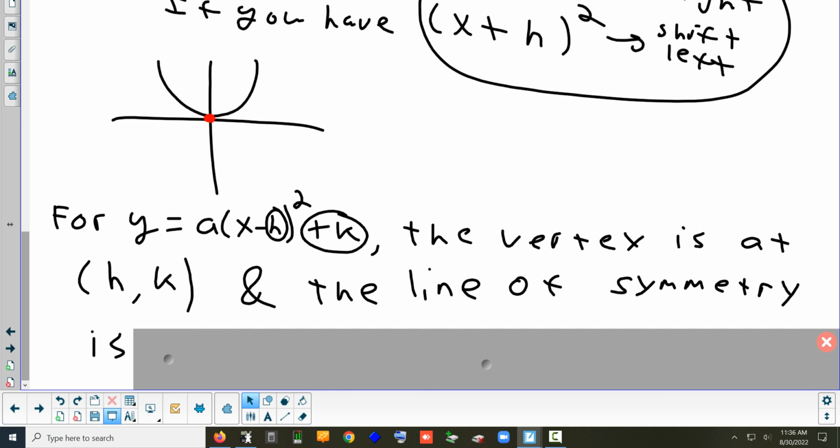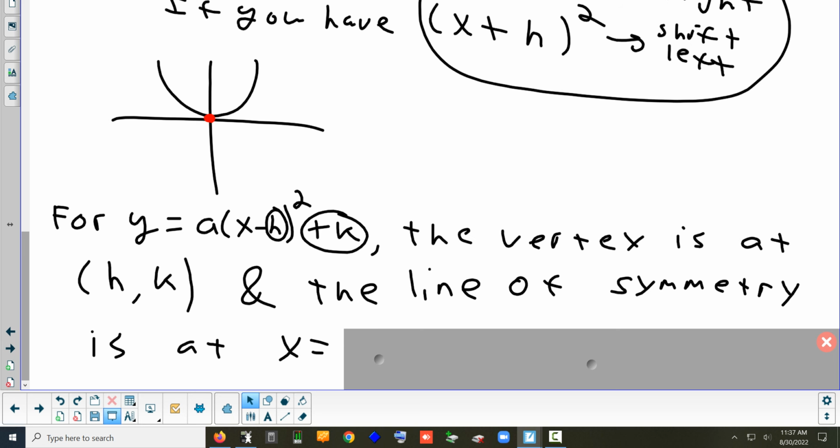Now, how about the line of symmetry? What kind of line of symmetry does a parabola have? Is it horizontal or vertical? Vertical. And vertical lines always start out how? X equals. And think about the transformations.